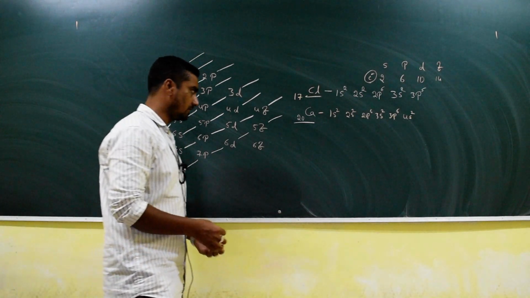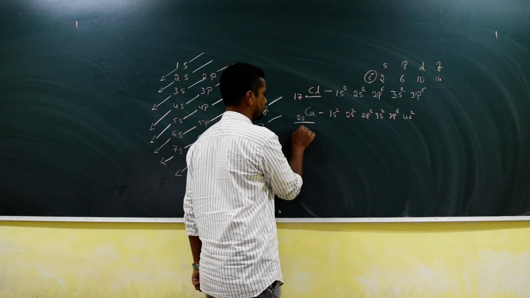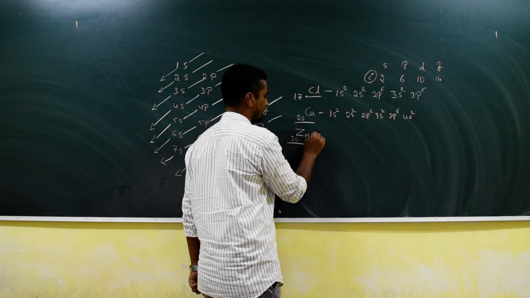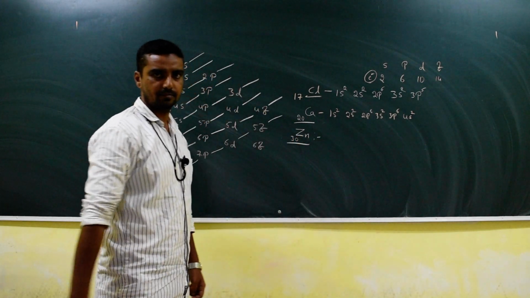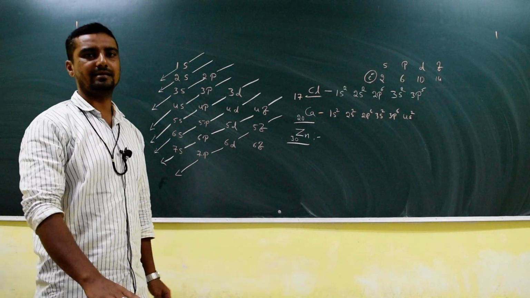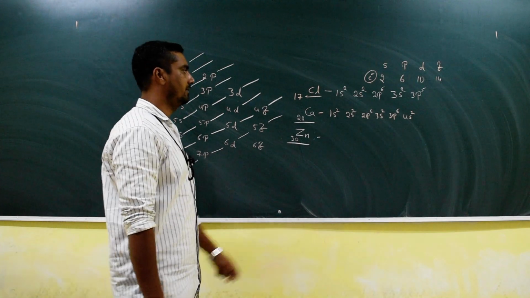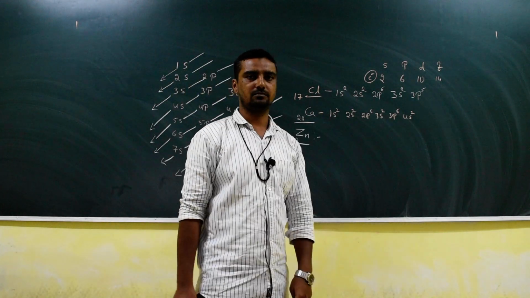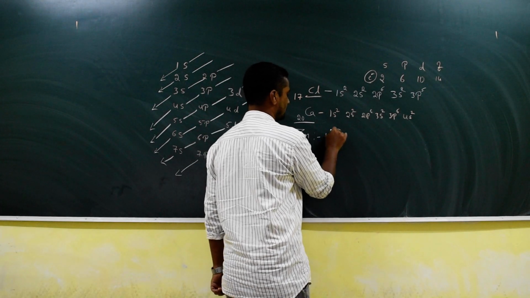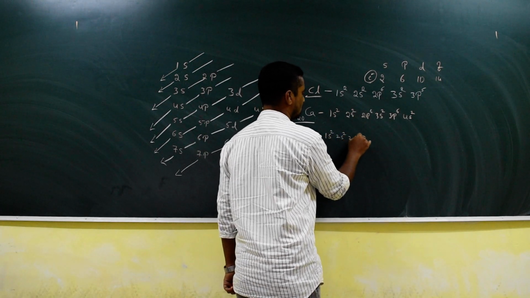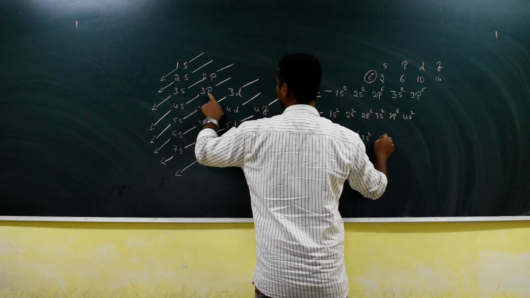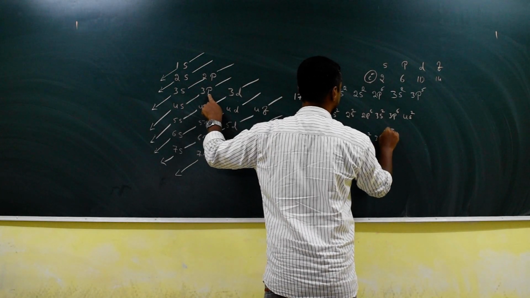Still one more example I'll give, for example zinc. Zinc's atomic number is 30. By using this one trick you can write the electronic configuration very easily, with no need to remember all those orbitals. For zinc, it is 1s2, 2s2, 2p6, 3s2, 3p6.